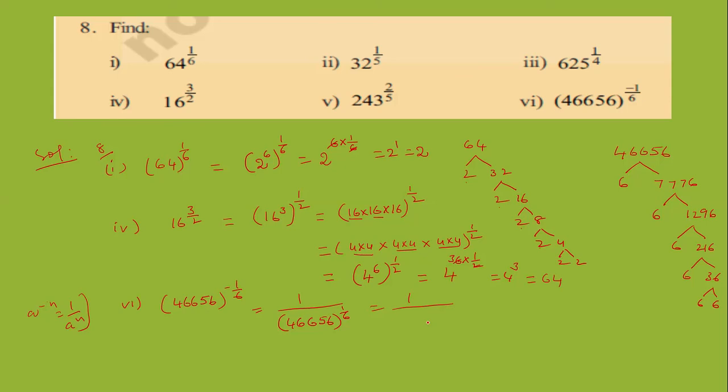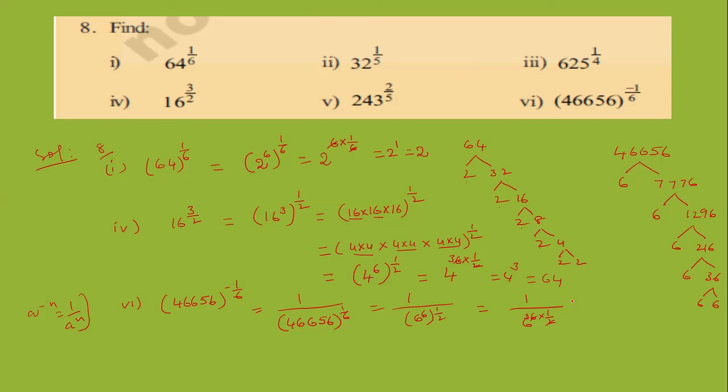Again, 6 twos, 6 ones, 6 6s. Again, 6 6s are 36. Again, 6. So finally, how many 6s are there? 1, 2, 3, 4, 5, 6. So in the denominator, in the place of base, what do we get? 6 to the power of 6.